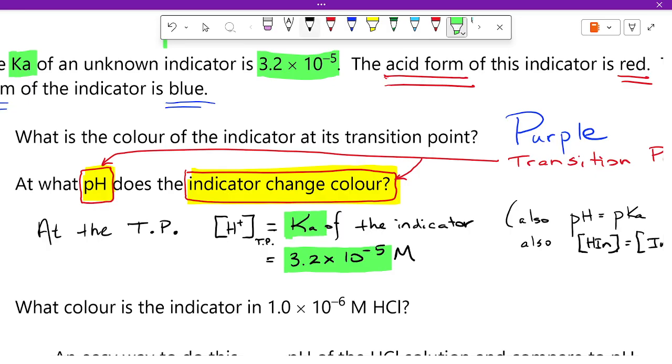And now how do we find pH? Negative log 3.2 times 10 to the minus 5. What do we get?